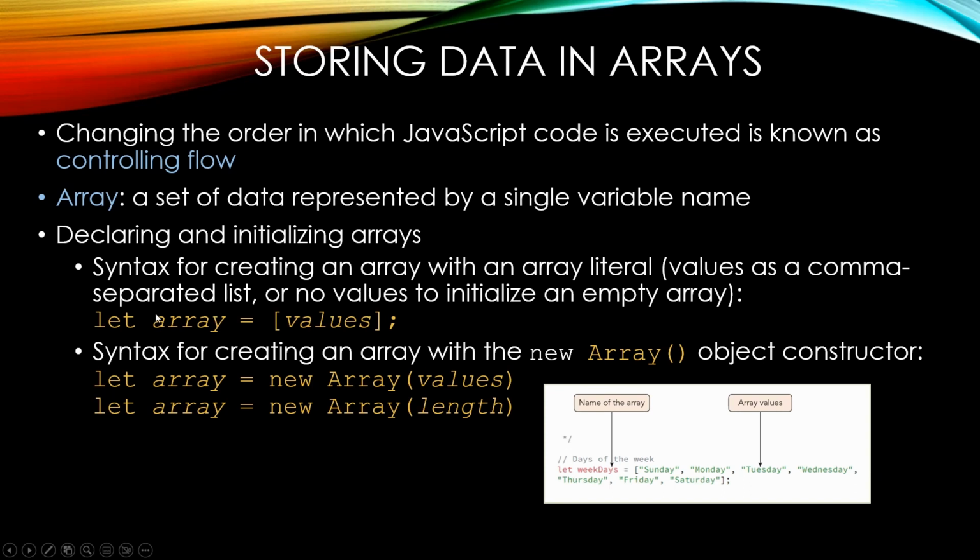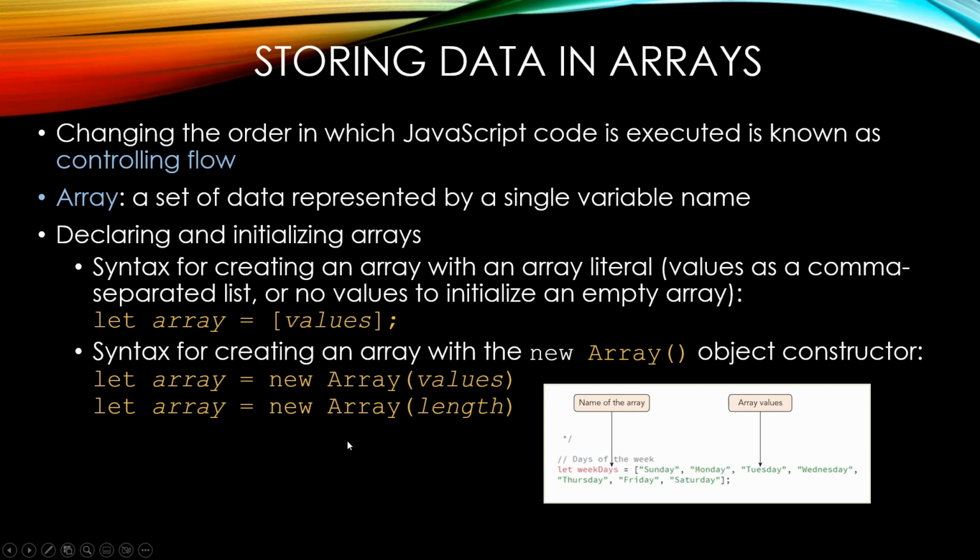We give it a name here where it says array, and that equals, and we put values in the square brackets. Here we can see an example of weekdays, and we put a bunch of different strings. So Sunday, Monday, Tuesday, Wednesday, Thursday, Friday, Saturday. You can see again that in JavaScript, we do not have to say what kind of data is in there.